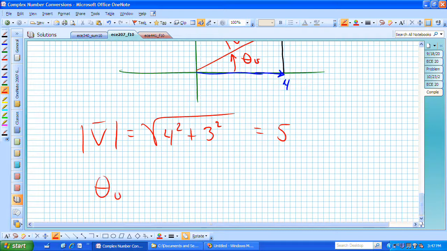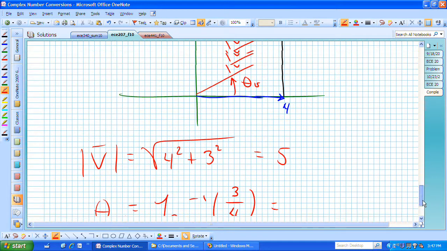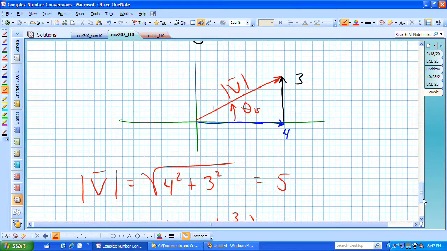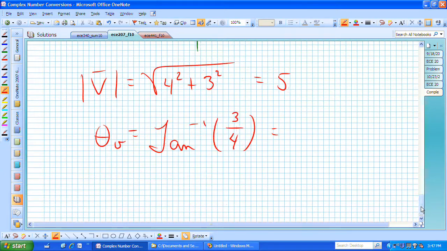And we have theta sub v, which is the inverse tangent of the opposite side over the adjacent side, which is the inverse tangent of 3 over 4. If I've sketched that somewhat accurately, you would see that that is 36.87 degrees. Hopefully that will help with your understanding and being able to manipulate complex numbers when we need them.